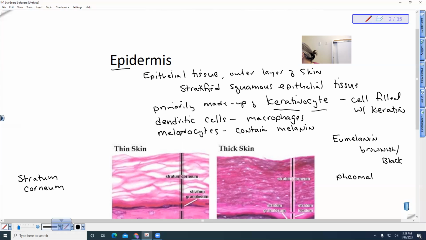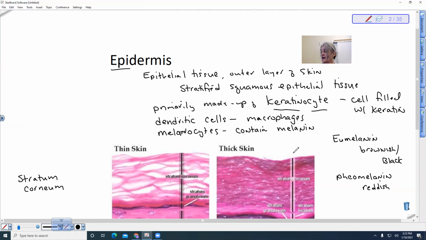So people that have red hair, for example, and freckles might have the pheomelanin, and this is reddish in color. Okay, so two different types of melanin, and that is determined by your genetics.